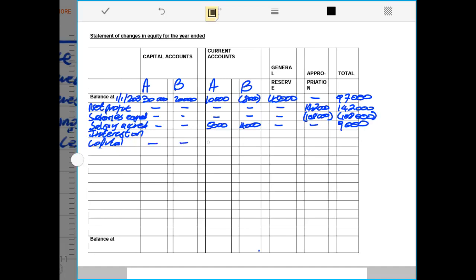Interest on capital is 3,000 and 2,000 rands, and that will go straight to the appropriation account as a negative 5,000 rands.